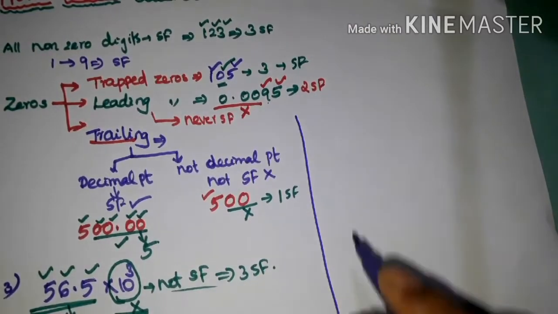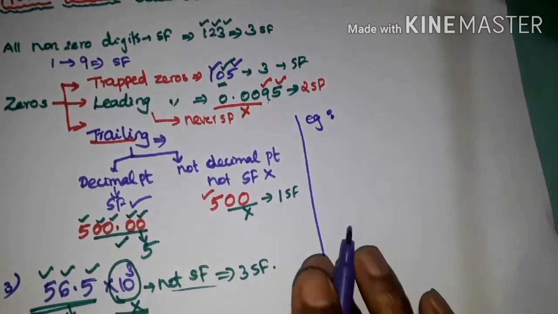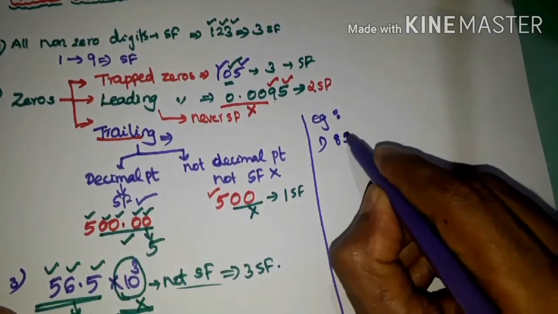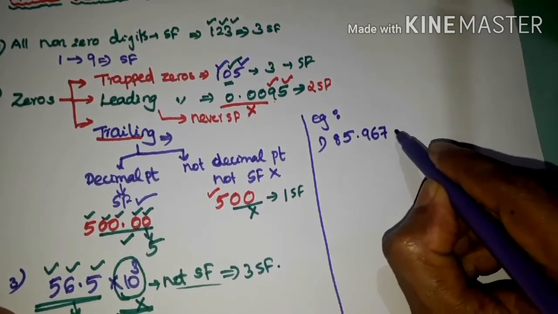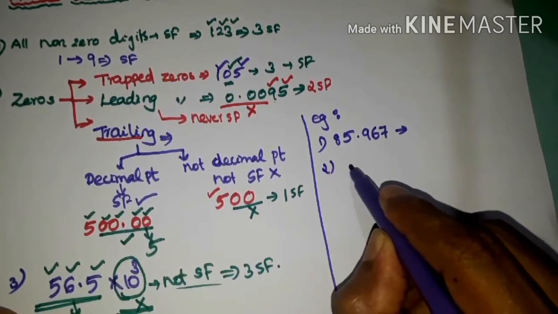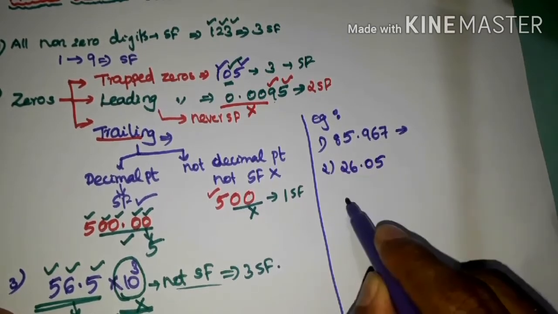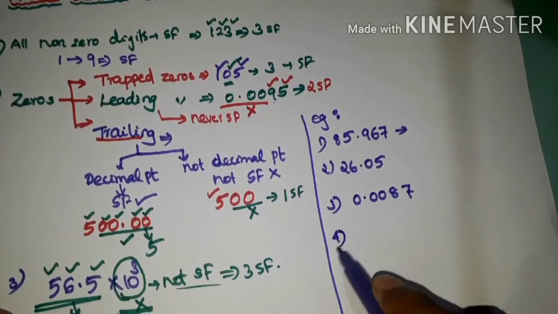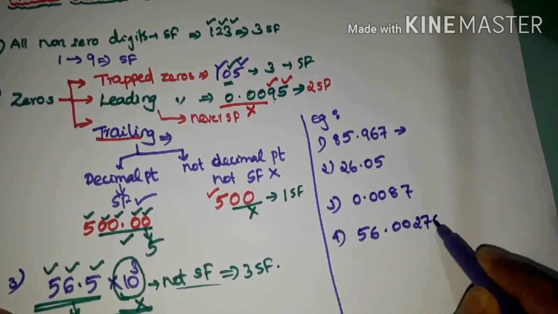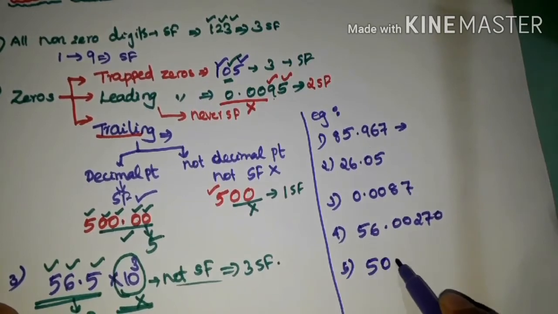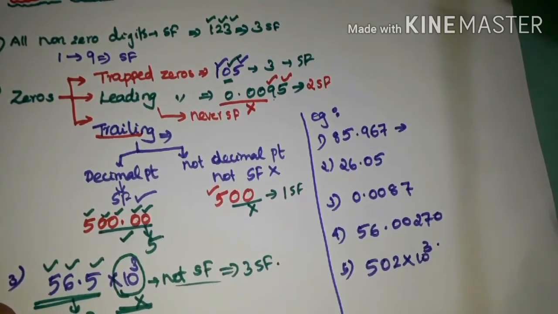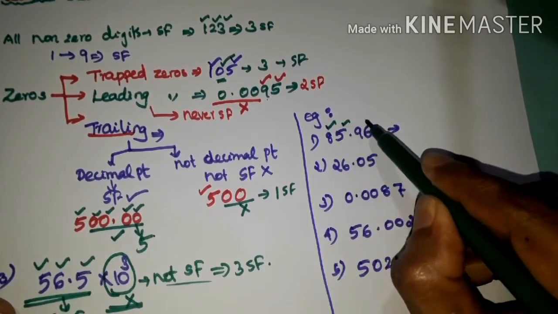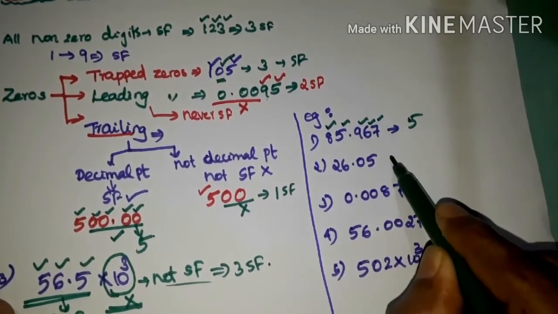We can check some examples. First one, 85.967. Calculate how many significant figures are there. Here all are non-zero digits, therefore total number of significant figures is 5.